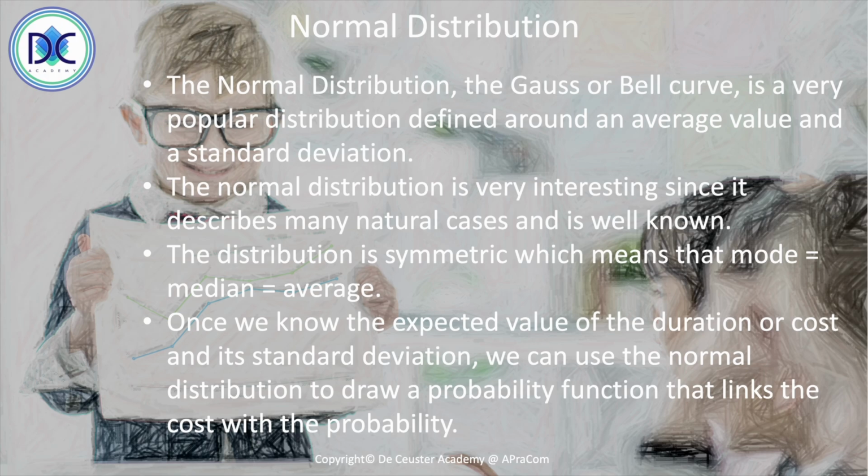We can also use more complex models when we have all the exact distributions. We could use a beta distribution or a triangular distribution to do this. But basically, the normal distribution is so well known that a lot of calculations can be done using this distribution, and that's what we're going to use in the remainder of this lesson.